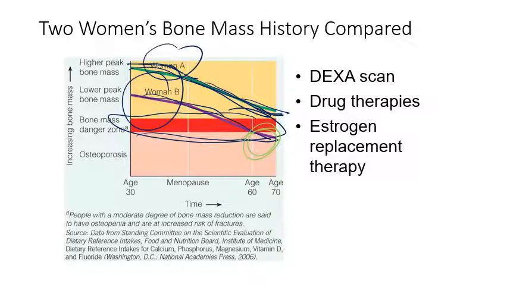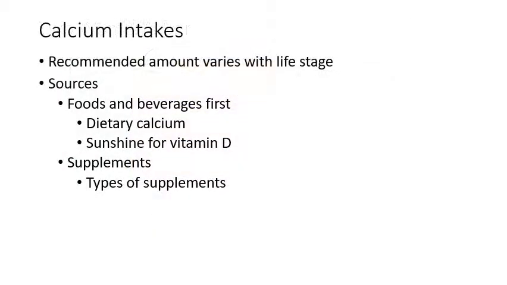There are different ways of looking at your bone mass density, like the DEXA scan, which is a highly expensive machine, drug therapies, and estrogen replacement therapy. Calcium intakes. Recommended amount varies with life stages.